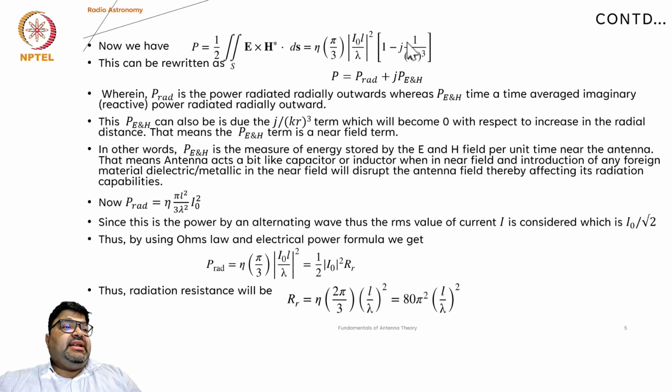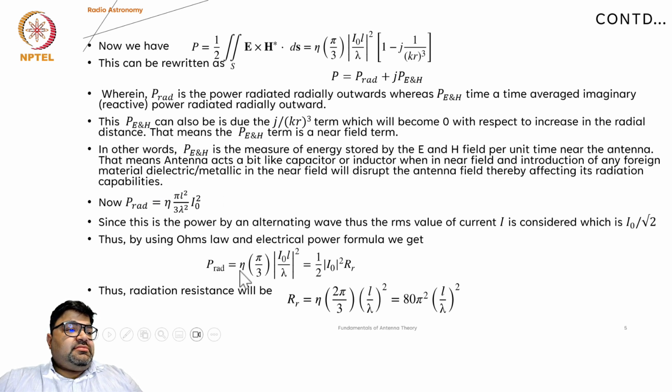Whereas the effect of the P radiation remains. In the near field, where R is less than 1, this reactive component of P, E and H still remains, but as R tends to infinity, for the far field, this P radiation component dominates and the other one is almost negligibly equal to 0.